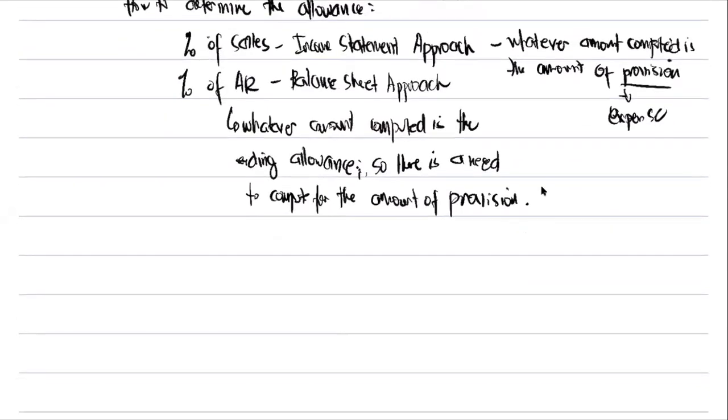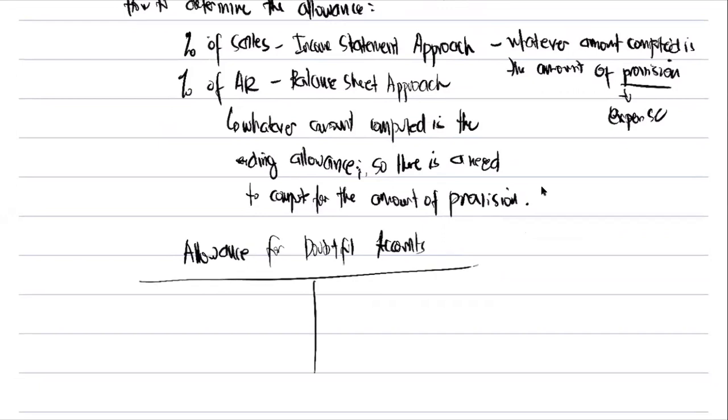Okay. So how does your allowance for doubtful accounts look like? Okay. So we have here your beginning allowance for doubtful accounts. Why? Because allowance for doubtful accounts is a contra asset account. Contra asset or contra receivable.